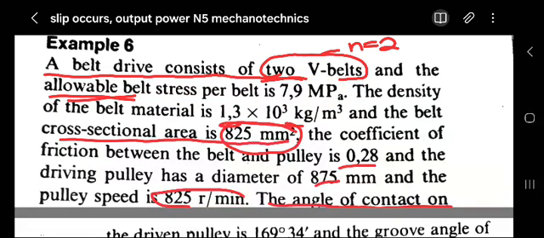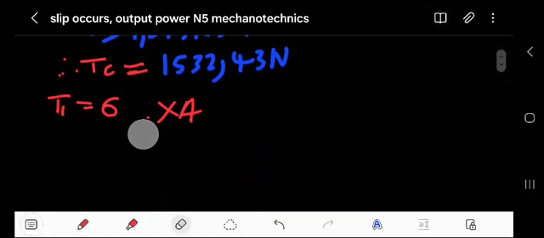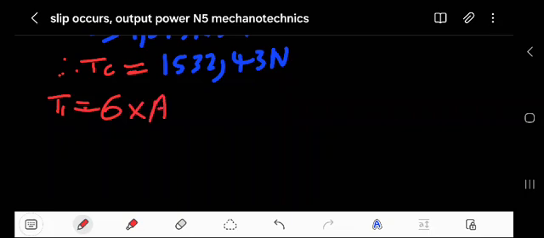If we have been given stress, it is simply stress multiplied by area. We know this from the formula. Then the stress that we have is 7.9, right? But that stress was in megapascal, isn't it?